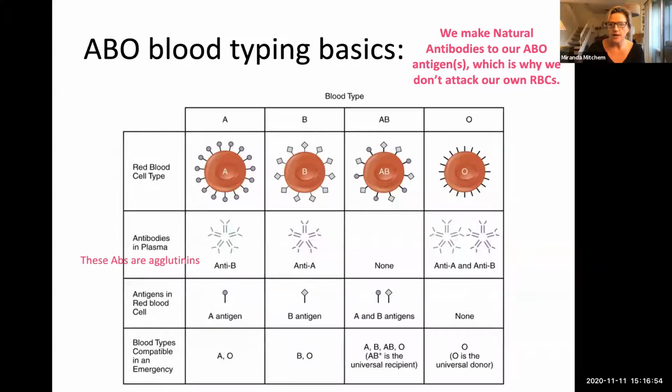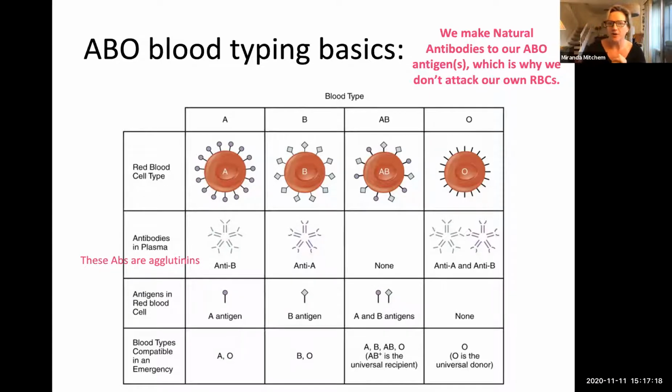And natural antibodies are actually really interesting. I studied them in graduate school and in my research, so I think they're really important. But this is a great example to teach about natural antibodies. So first of all, when you think about an antibody, you're probably thinking about a pathogenic antibody.